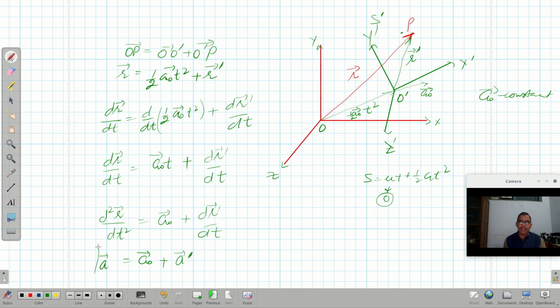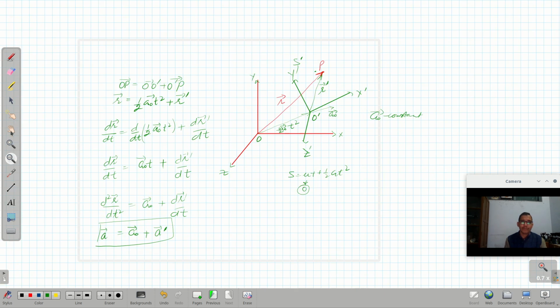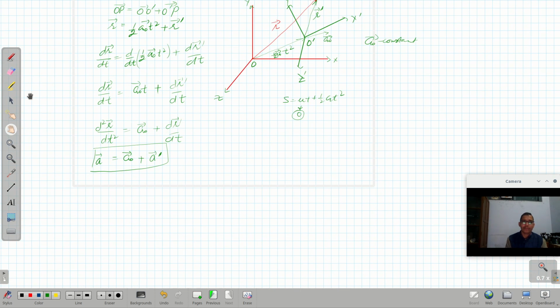So that's what we are getting here. If I multiply both sides by mass, then m a vector is equal to m a naught vector plus m a prime.